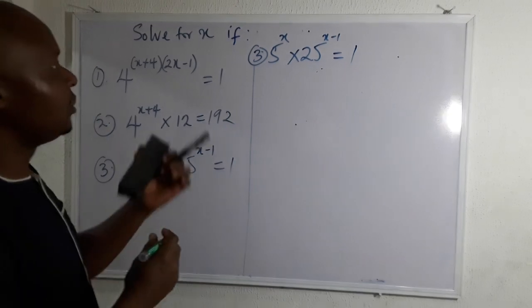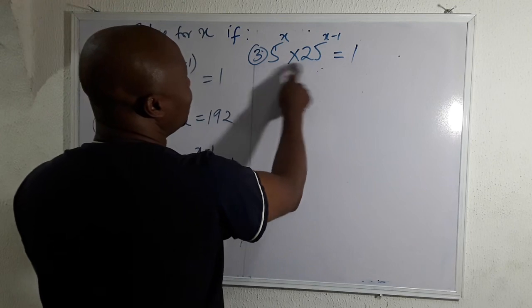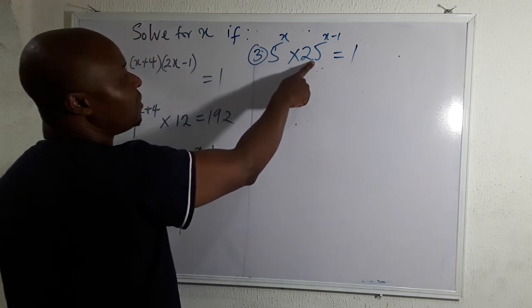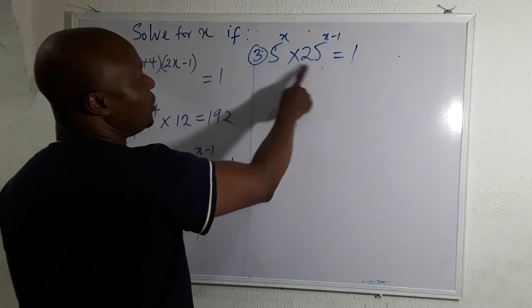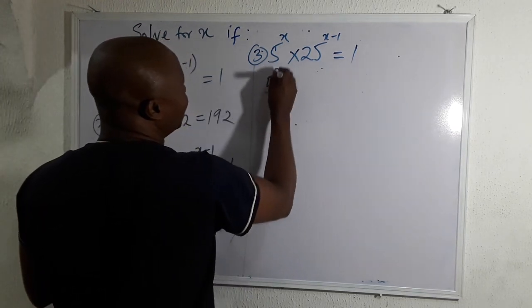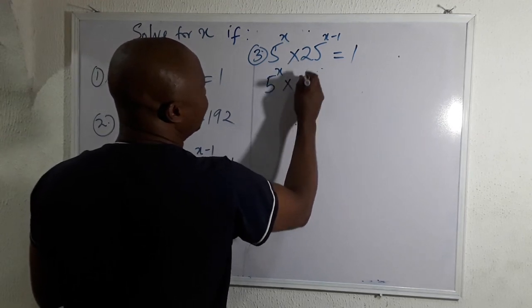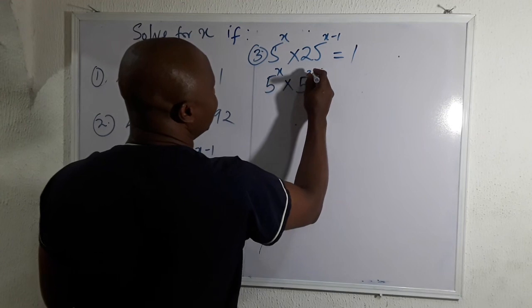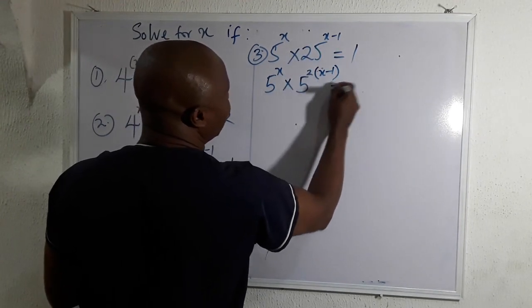So this also is a very simple case. Now these bases are not the same, but we can express 25 to the base 5. So that would be 5 raised to power x times 25, the same thing as 5 raised to power 2, into (x - 1) is equal to 1.